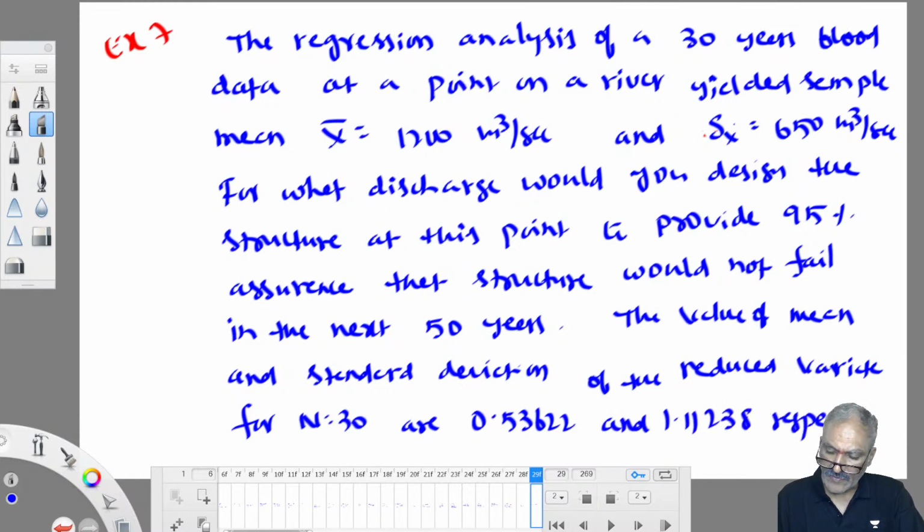These values are picked from Gumbel's probability distribution model.